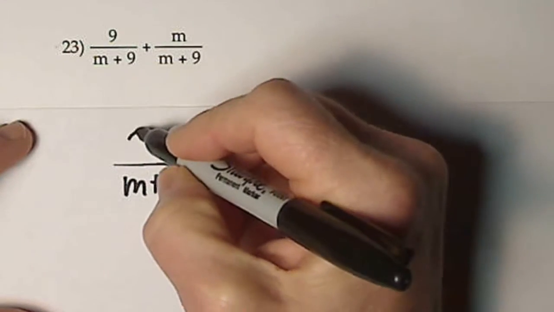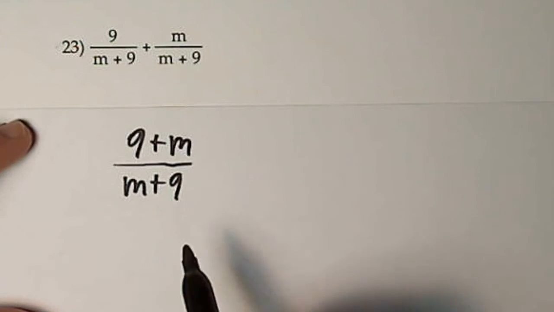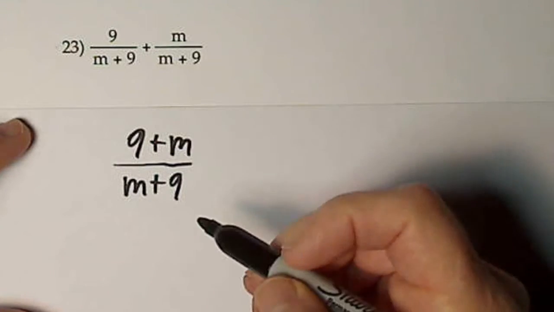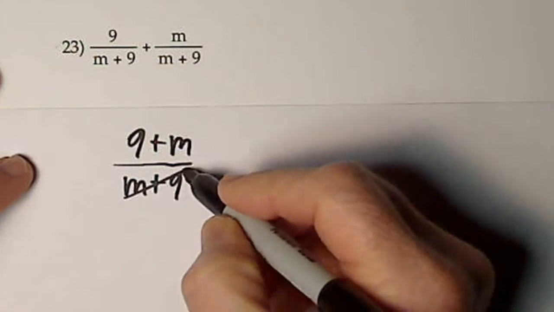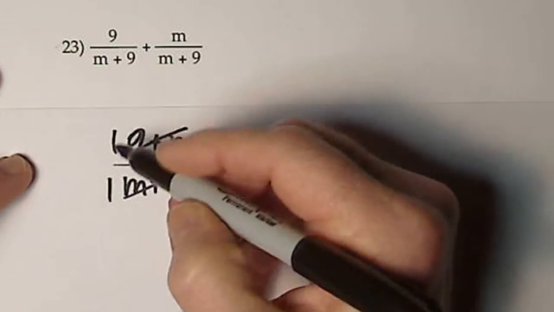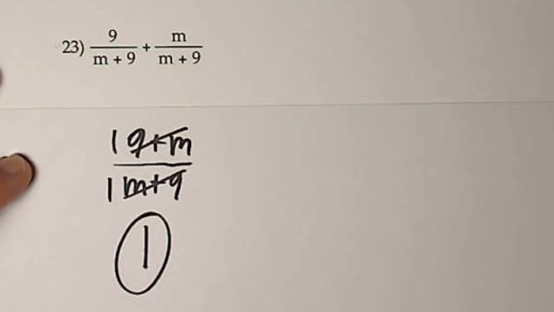In the numerator we have 9 plus m. All signs are positive, so m plus 9 goes into 9 plus m one time. So these basically cancel, become 1s. 1 divided by 1 is 1. So that's your answer for 23.